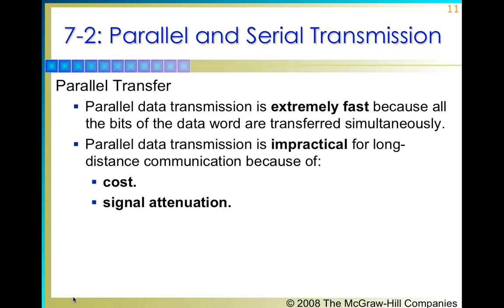If we have to send 10 bits at a time, then we have to have 10 wires, and those 10 wires can cost us 10 times more than if we send the same data in a serial manner, through serial transfer. The second disadvantage of parallel transfer is the attenuation which occurs on each wire, and it will be difficult for us to recognize the signal, and we are not able to know how much error is happening in each bit, whether it is correct or not. So in that way it was an impractical approach.